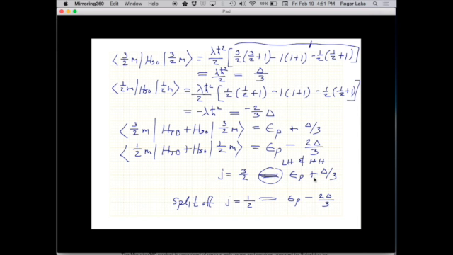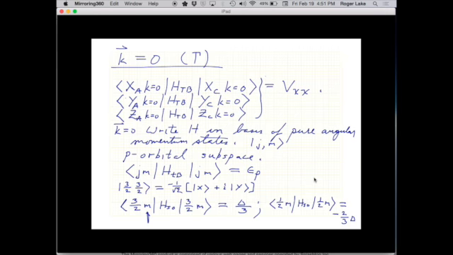Well, if we go back and look at this, at k equals 0, we're saved by the fact that x only couples to x, y only couples to y, and z only couples to z. And these J m states are linear combinations of x, y, and z, and they're normalized.